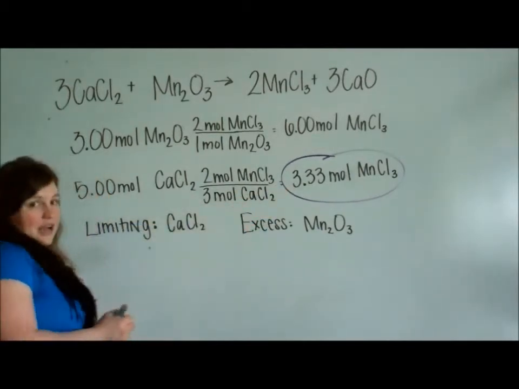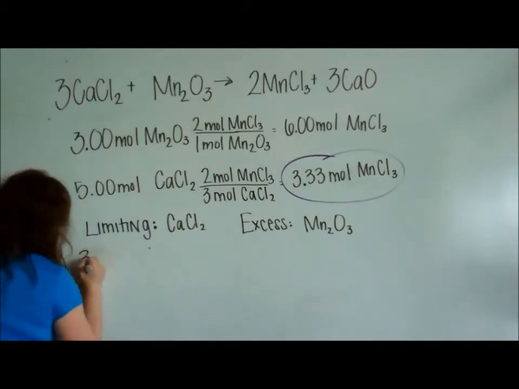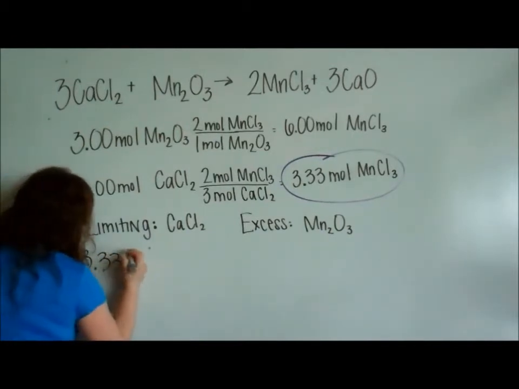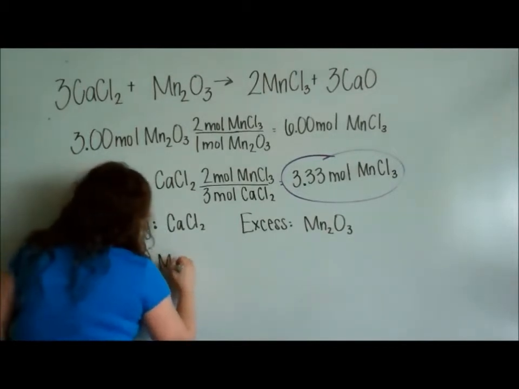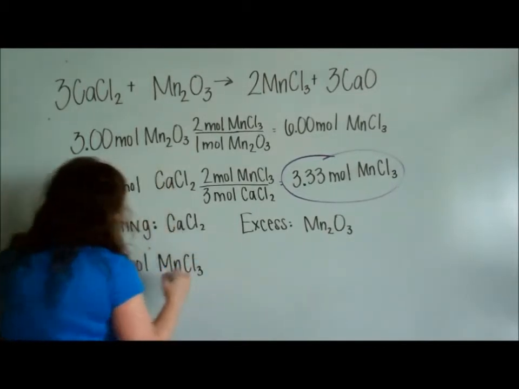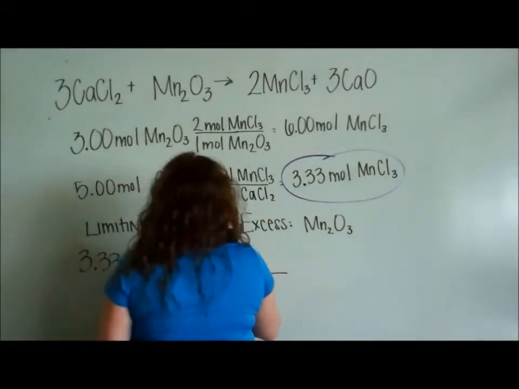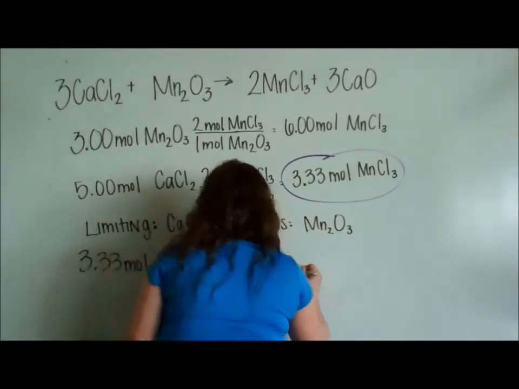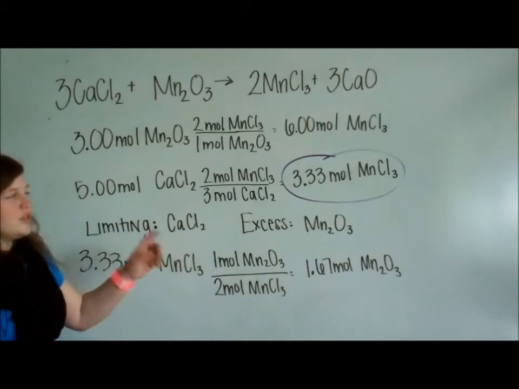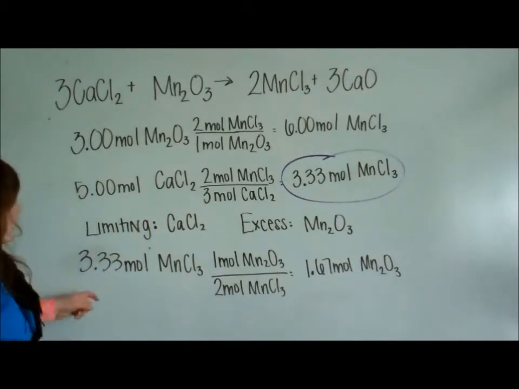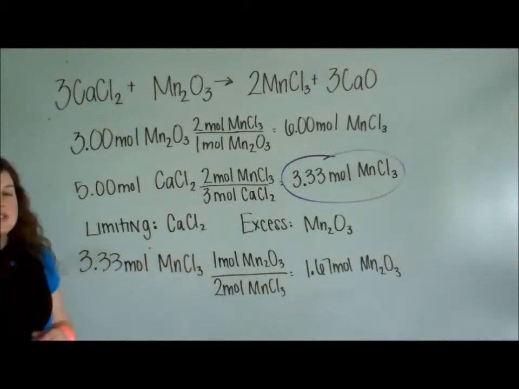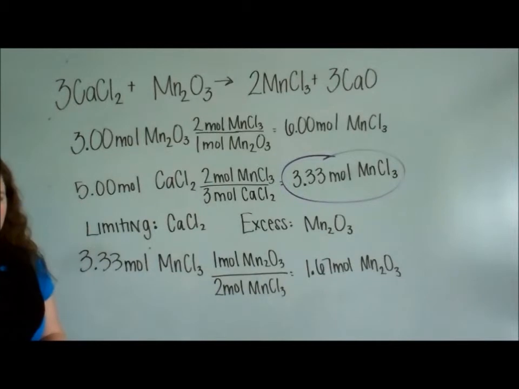So again, we take how much we'll make, 3.33 moles of our manganese 3 chloride. So we're starting with our 3.33 moles of the manganese 3 chloride. Then we can figure out we need 1.67 moles of the manganese 3 oxide to make that happen.